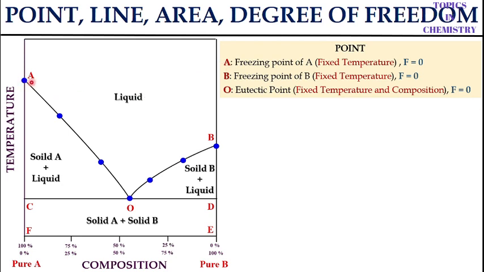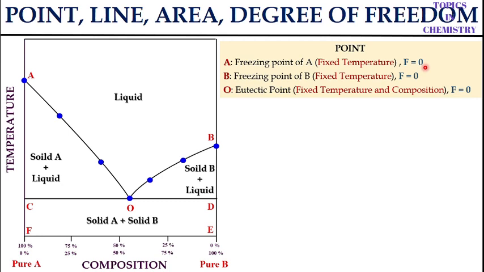The first point is given here as A. A point is the freezing point of A, and you know that this is a fixed temperature, and here F is equal to 0.